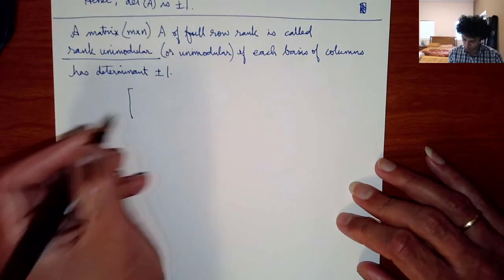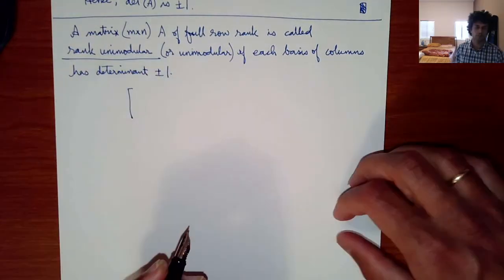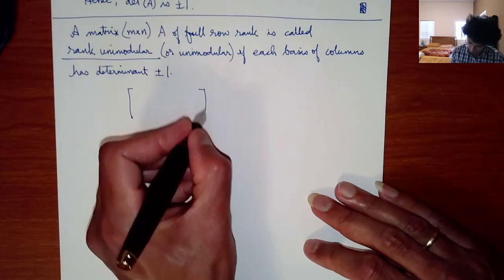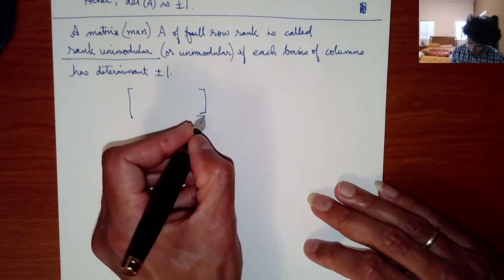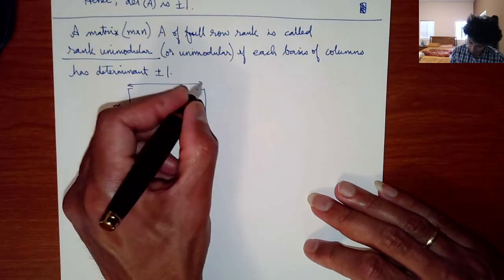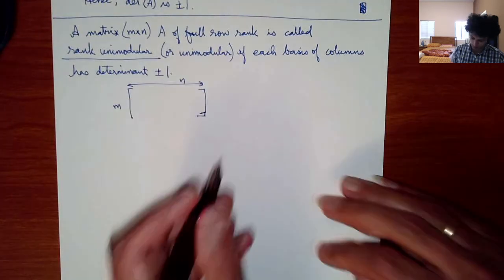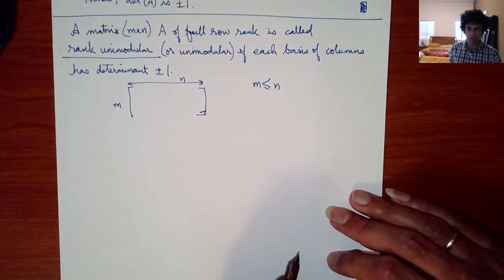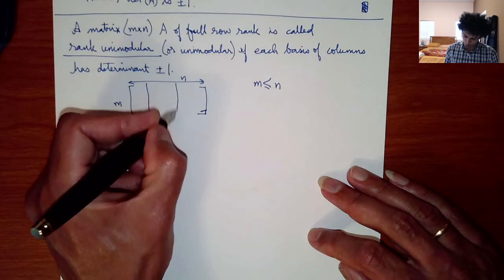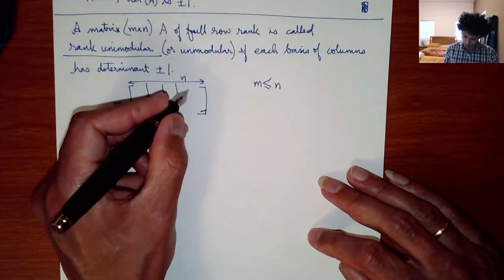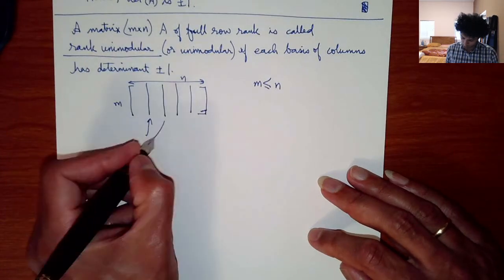So what do I mean here? We have some matrix of full row rank. So we have M, here's N, and because it's full row rank, M is less than or equal to N. So we can look at any subset of columns. So consider M columns.